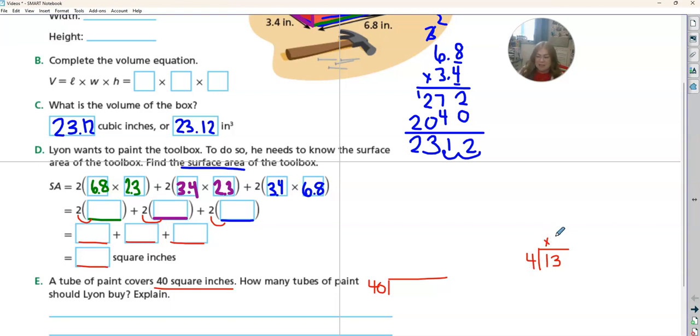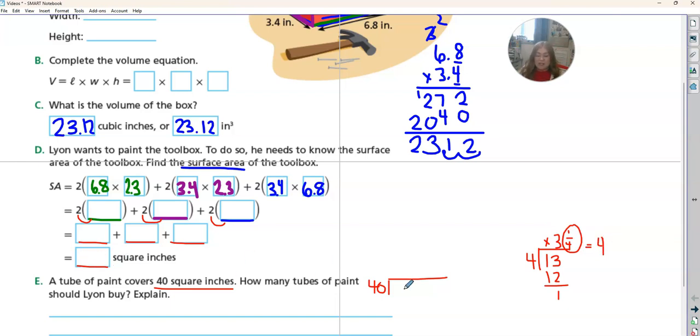If I do this division here, that goes in there 3 times, but there's 1/4 left over. There's still something left, and that's going to be unpainted. So if you have a remainder, we actually need to round this number up. So instead of buying 3 tubes, I need to buy 4.